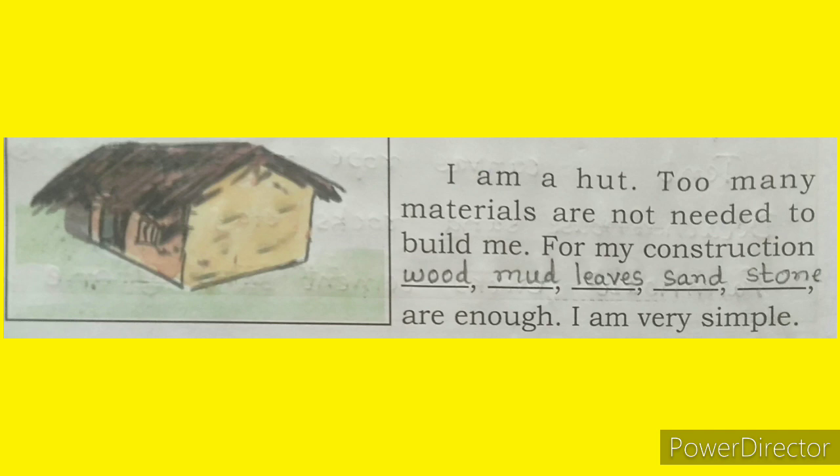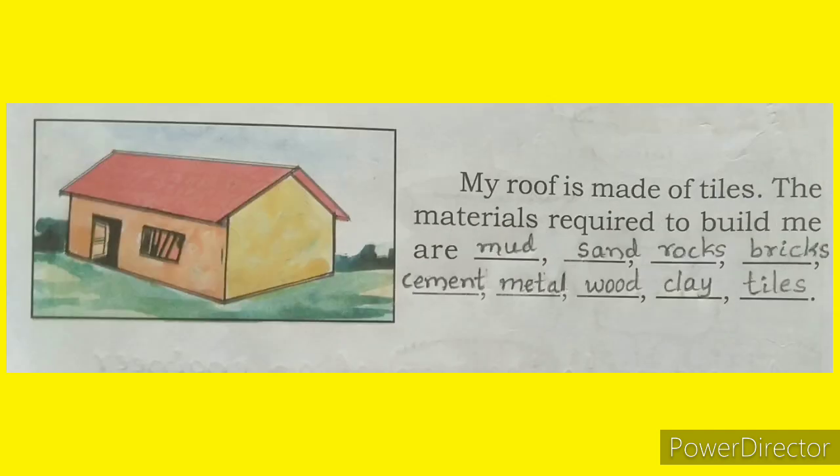Okay. Third one, detached house. My roof is made of tiles. The materials required to build me are mud, sand, rocks, bricks, cement, metal, wood, clay, tiles. Children, this house is made of tiles.